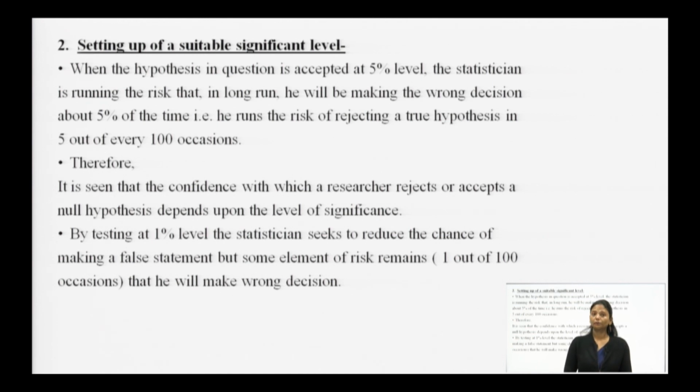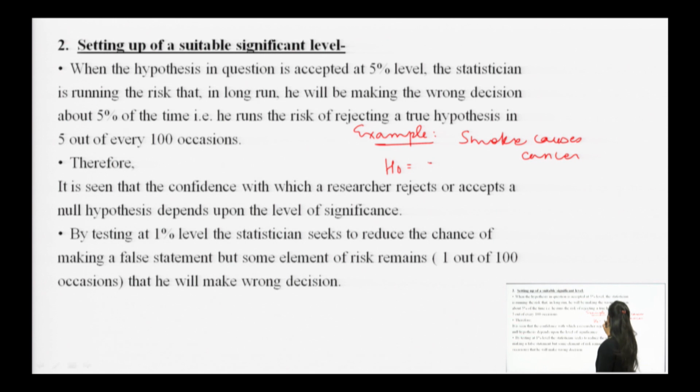What is that element of risk? It is only 1 out of 100 occasions that he is supposed to take a wrong decision. For example, if we are saying smoke causes cancer. Now, my null hypothesis says there is a direct relationship between smoke and cancer.